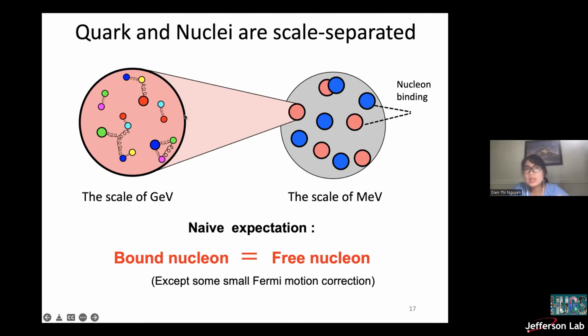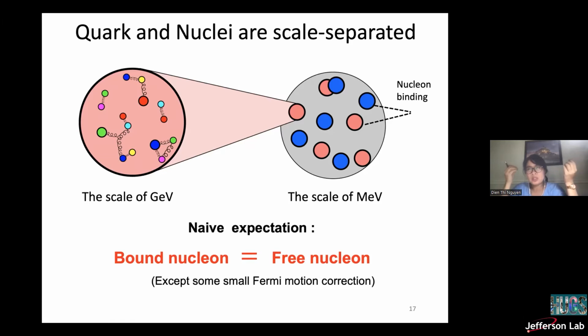This binding energy is just in terms of MeV, and MeV to GeV is a completely different scale. It is so small compared to the GeV scale. So in a naive expectation, how can this tiny binding energy affect anything?